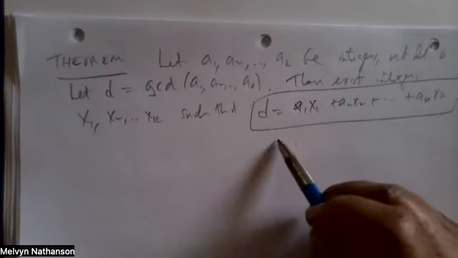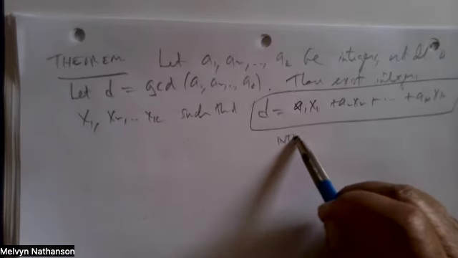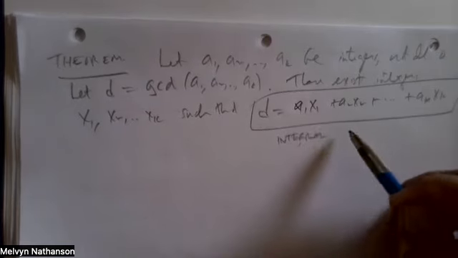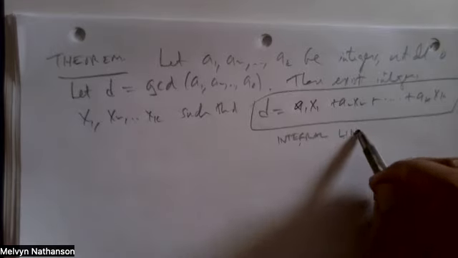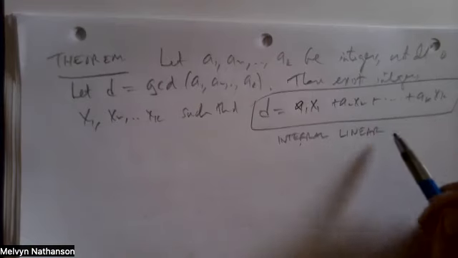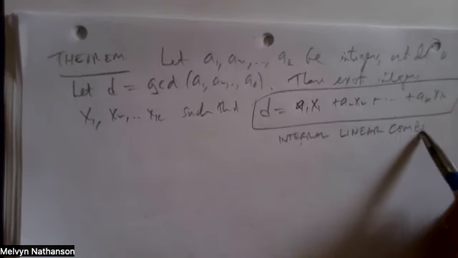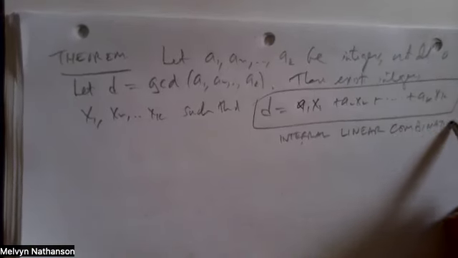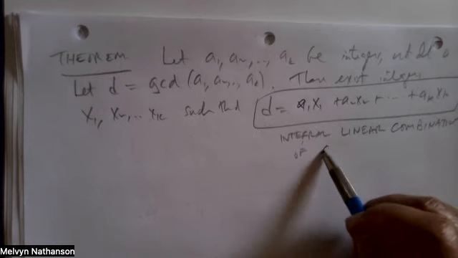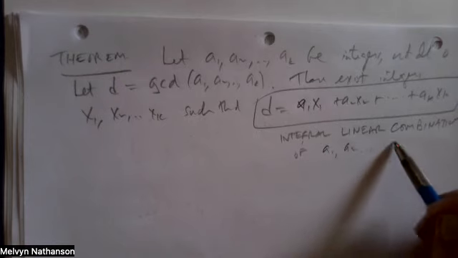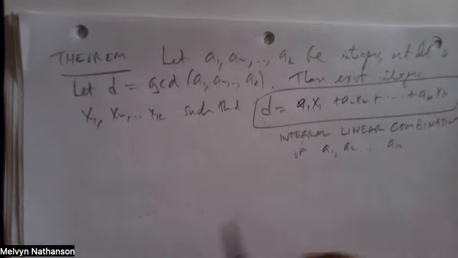So this is what we might call an integral linear combination of a1, a2 up to a sub k, because the x's are integers.